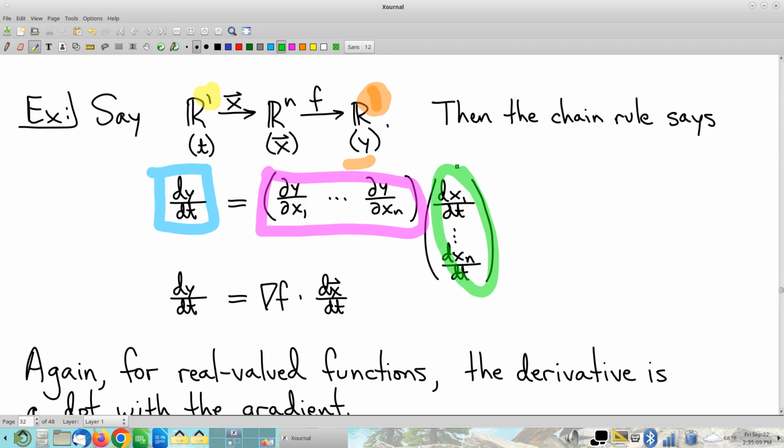And furthermore, this row that I have here is all of the partial derivatives of this one coordinate function y, of which there's just a single coordinate. It's not a vector. So this derivative matrix is effectively a gradient vector. And so instead of matrix times vector, I can view this as gradient dot vector. And that's just a notational alternative.